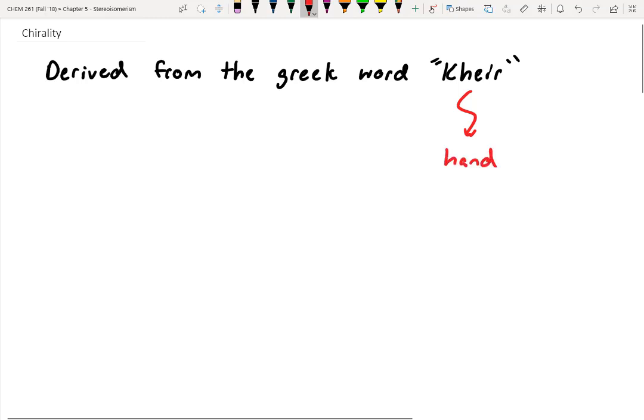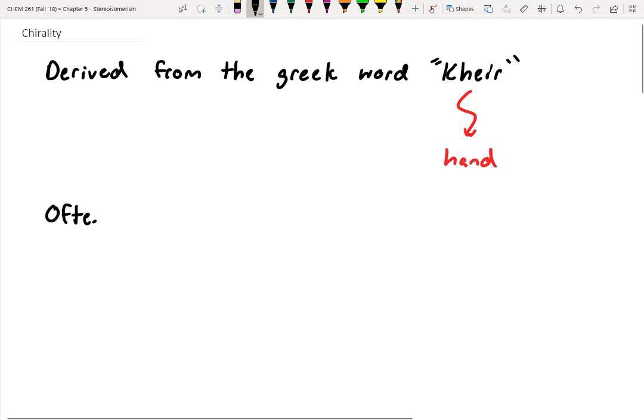And so the way I like to describe chirality is the handedness of a molecule, right? So your left hand looks a lot like your right hand, but they are not the same, right? If you lost your left hand and they got a hand transplant and transplanted a right hand on your old left hand position, you'd be mighty unhappy, right? You have very specific hands for very specific purposes.